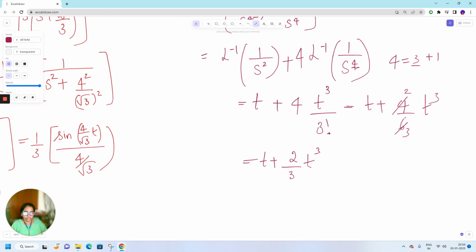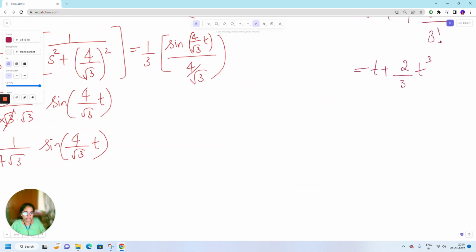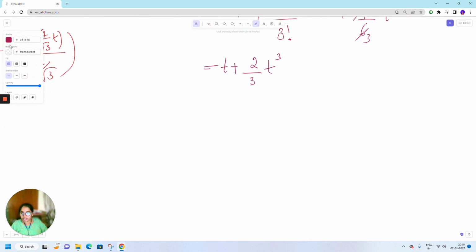Okay, moving on to our next question. Let me write down the 7th one. Find the inverse Laplace transform of (3s minus 4) divided by (16 minus s square).